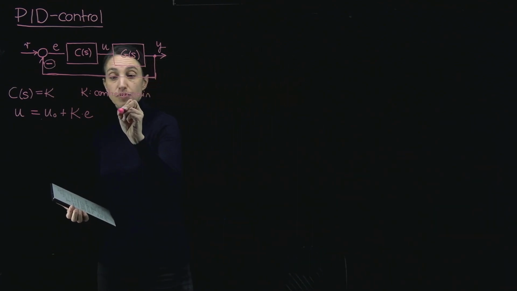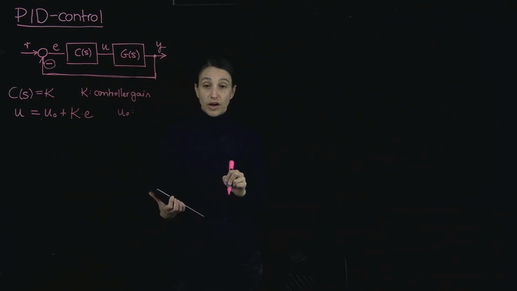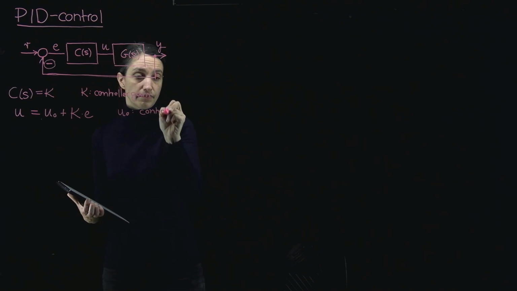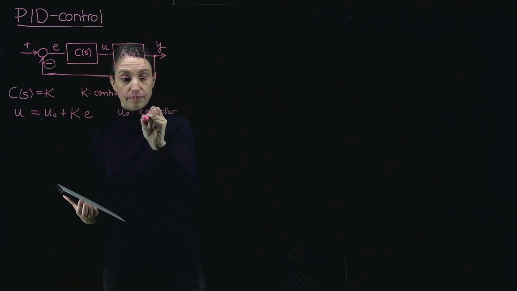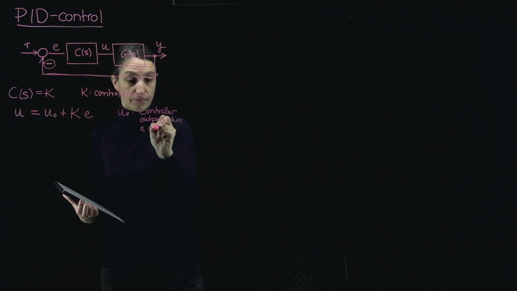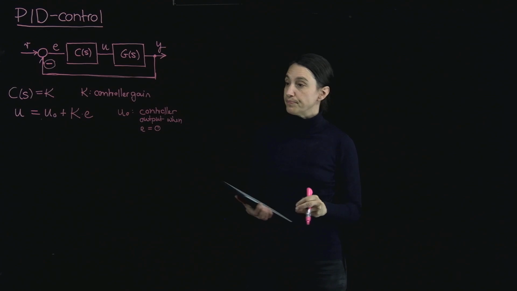So this U0 is the controller output if E is 0. Okay, and we have to fix this. So that's a problem.